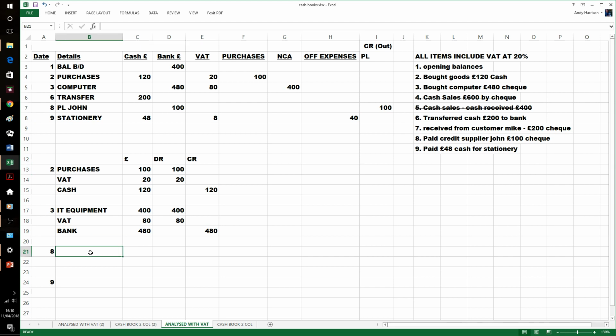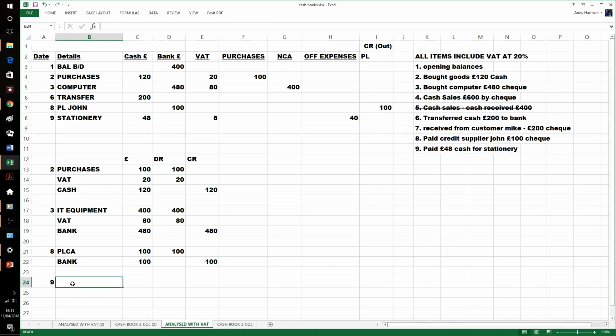So having done that, then let's just have a look at the difference. So this one doesn't need the VAT analysing because we're paying into our purchase ledger control account. And one debit and one credit.